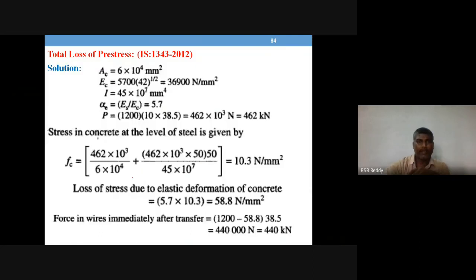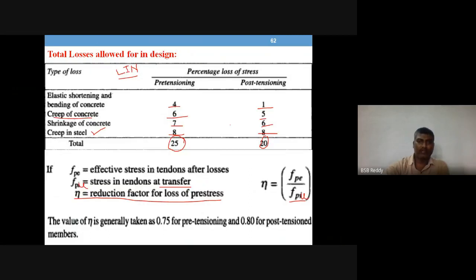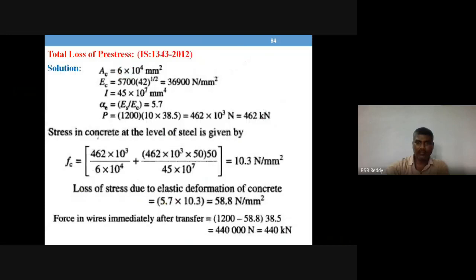Okay. Right. So let us estimate first elastic shortening. If you want elastic shortening, you need modular ratio. I think you remember the formula. Modular ratio into the stress value in the concrete at the level of steel. So stress in concrete at level of steel, you need P divided by A. What is P? Stress into area of one tendon multiplied by number of tendons.